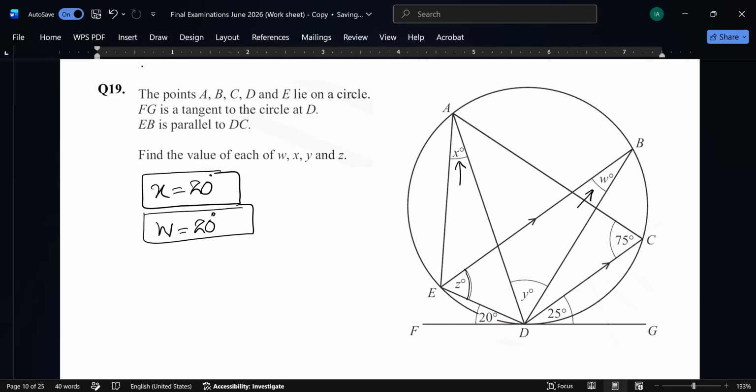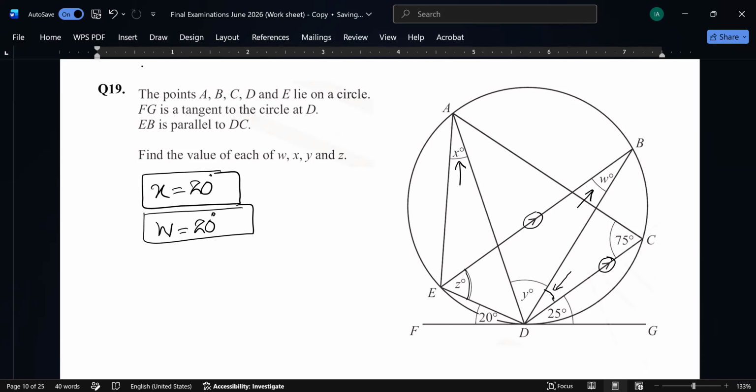I need to move to the third achievement, that is y. But for the y, if you look carefully, the lines are parallel. It means this is also w as well.